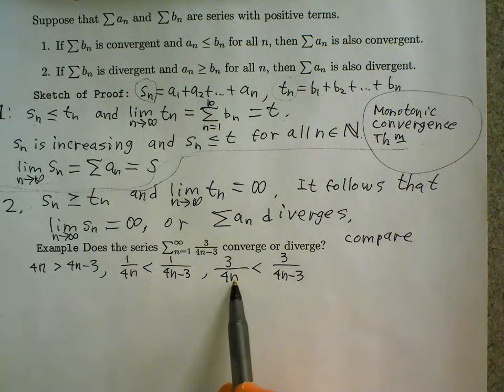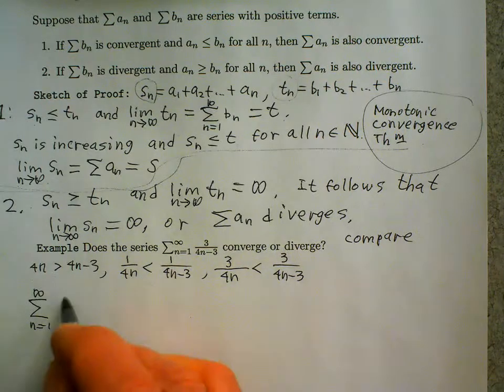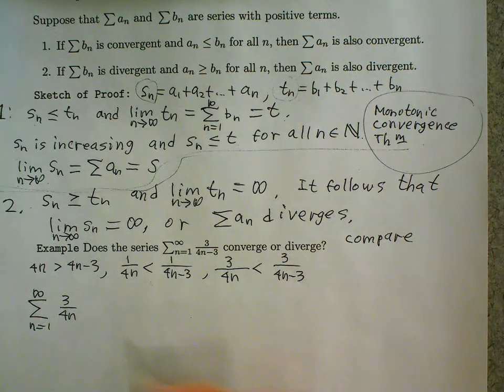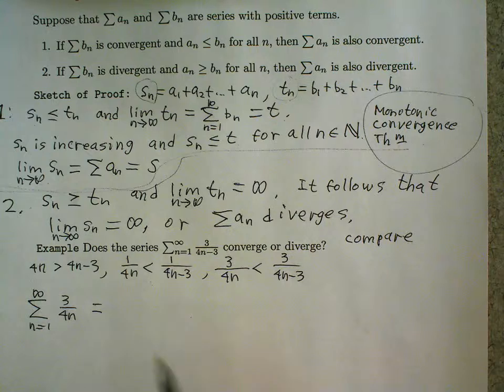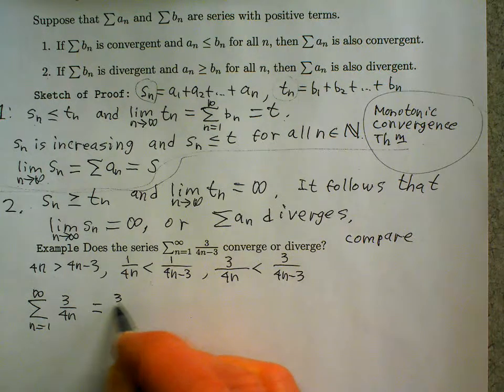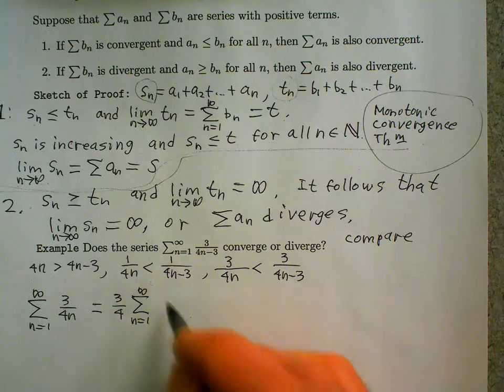Okay, if I use the series from n equals 1 to infinity of 3 over 4n, and then factor 3/4 out of every term and write it as 3/4 times the infinite series from n equals 1 to infinity of 1 over n.